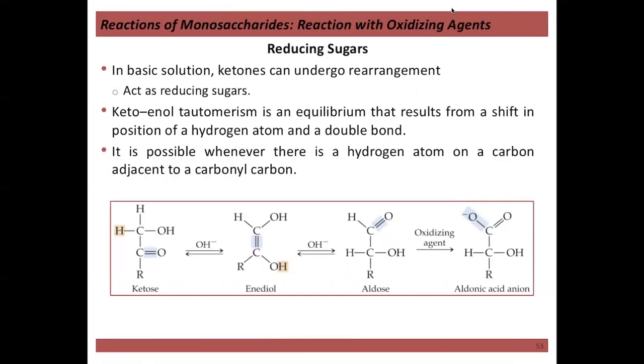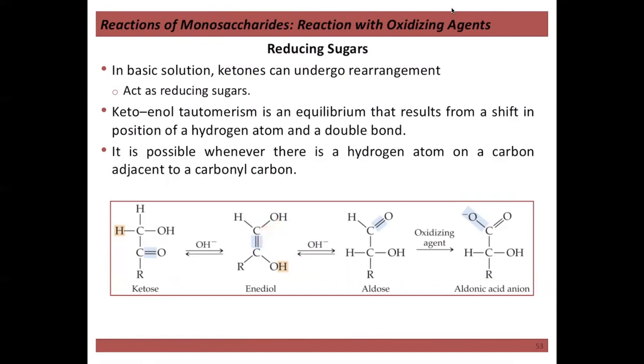And the reason for that is we have to undergo an enolization and tautomerization. So we first enolize the ketone to get the enediol. And then once we get the enediol, of course, we can tautomerize and convert a ketose into an aldose.